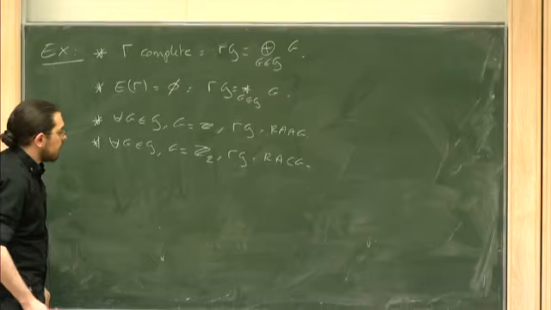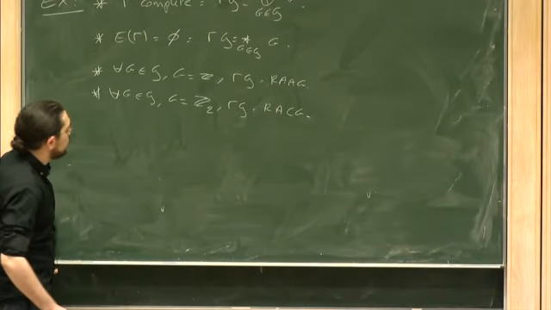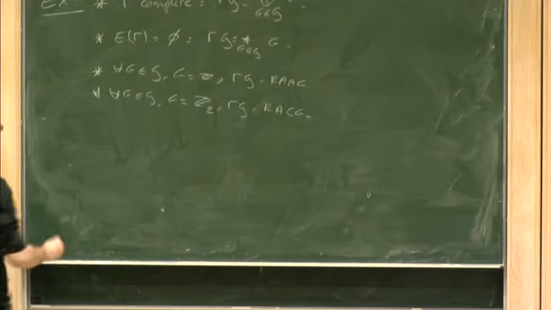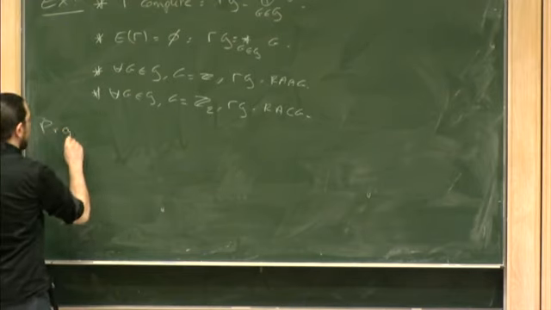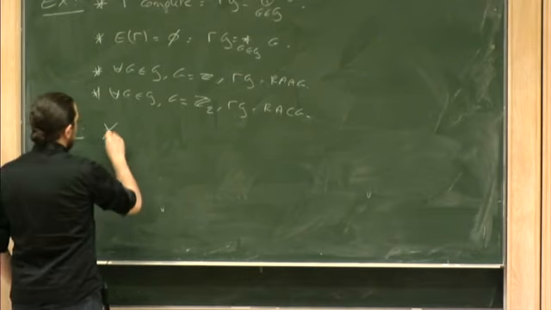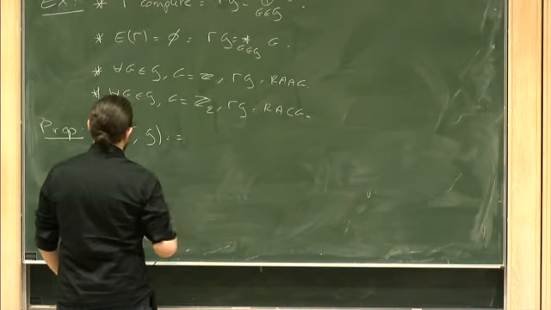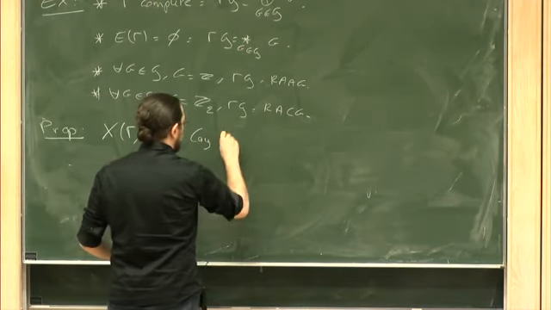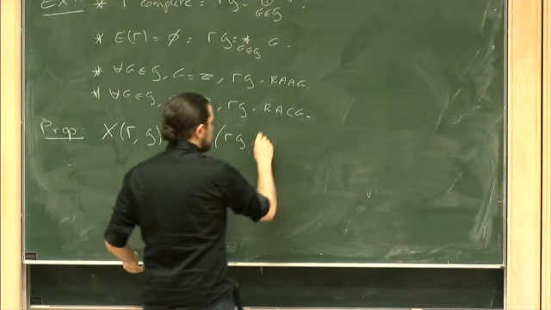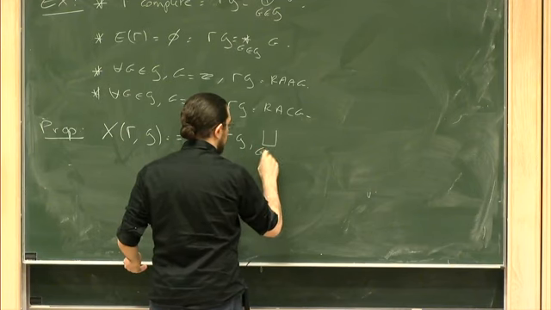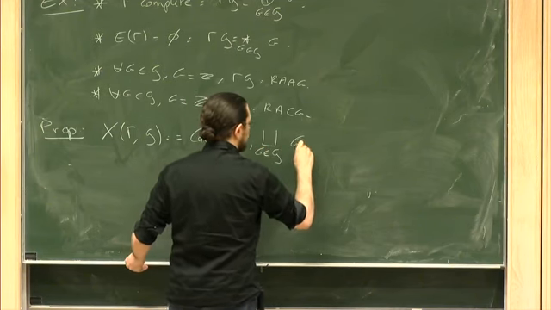So the point is that it's maybe not a good idea to look for exactly a quasi-cube complex, and it is possible to find something which is just slightly different. So the proposition is the following. I define X gamma G as a Cayley graph of my graph product with respect to the generating set, which is just the union of all the vertex groups.